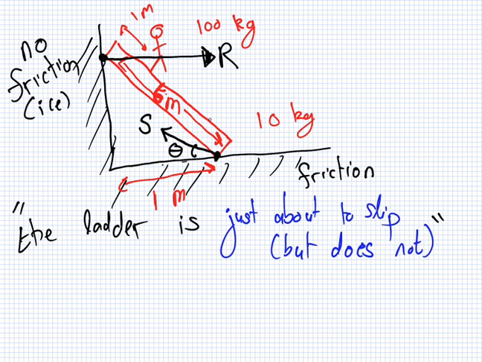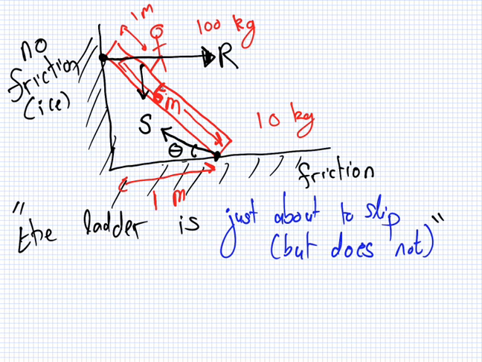So just like in the last example, I should put in the man here as well. That's 100G, and then here the ladder as well. That's 10G. So I'll draw this again, like in the last one, a bit clearer.